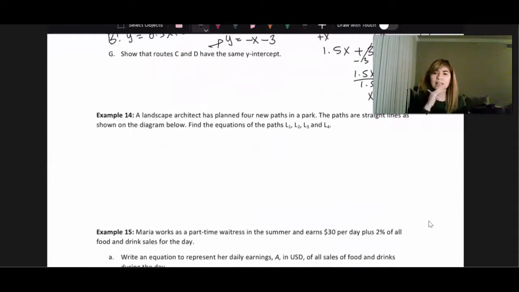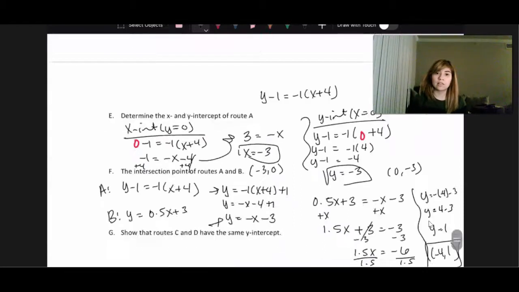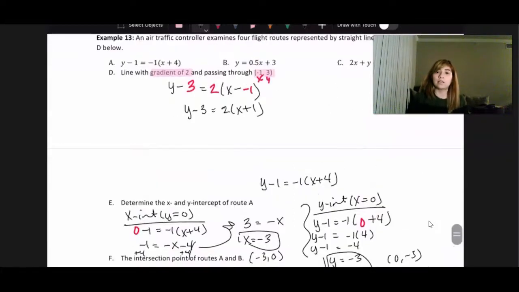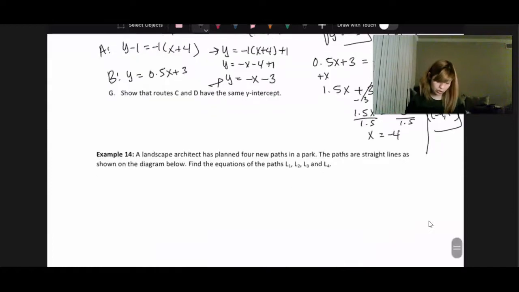Part G, which is the last part, says show that routes C and D have the same y-intercept. So what you do here is, part C is in standard form, so you want to put it in gradient-intercept form. And D is in point-gradient form when I wrote it, so you have to put it also in gradient-intercept form, so they both have the same intercept, the same b-value.